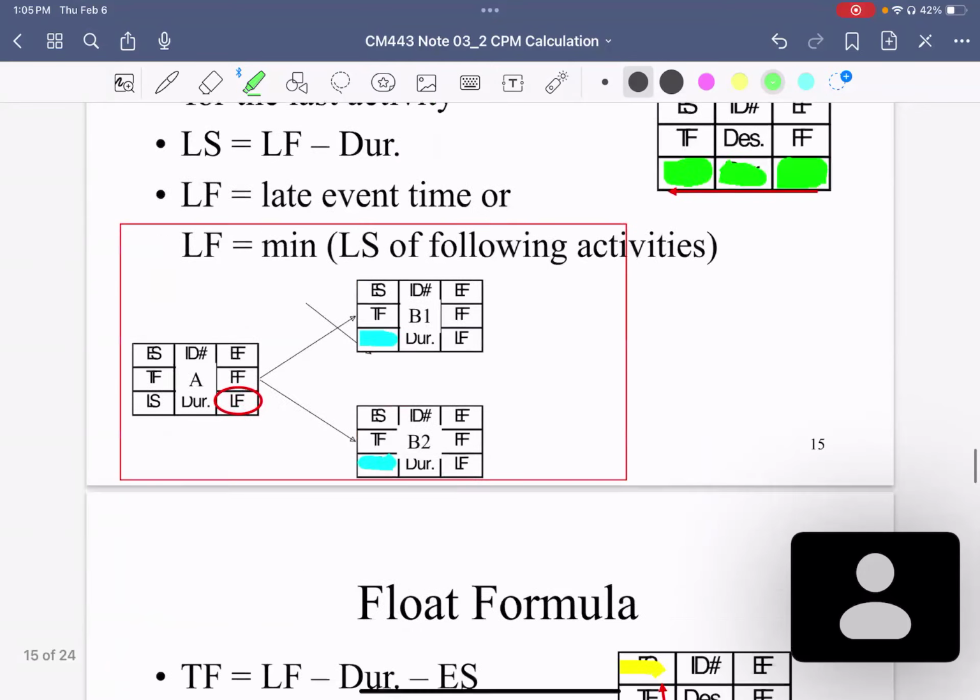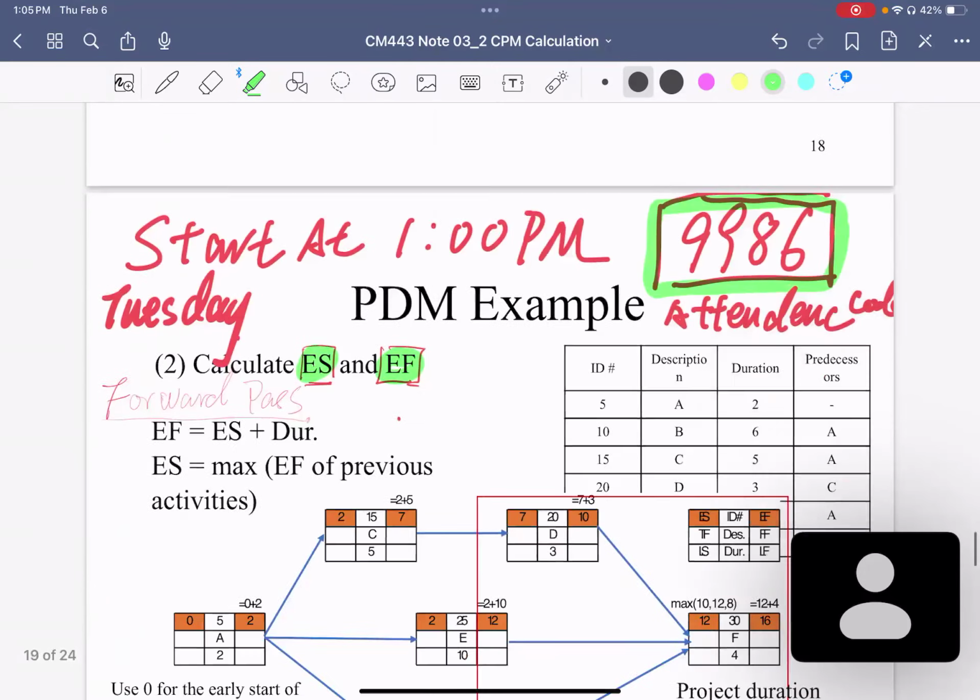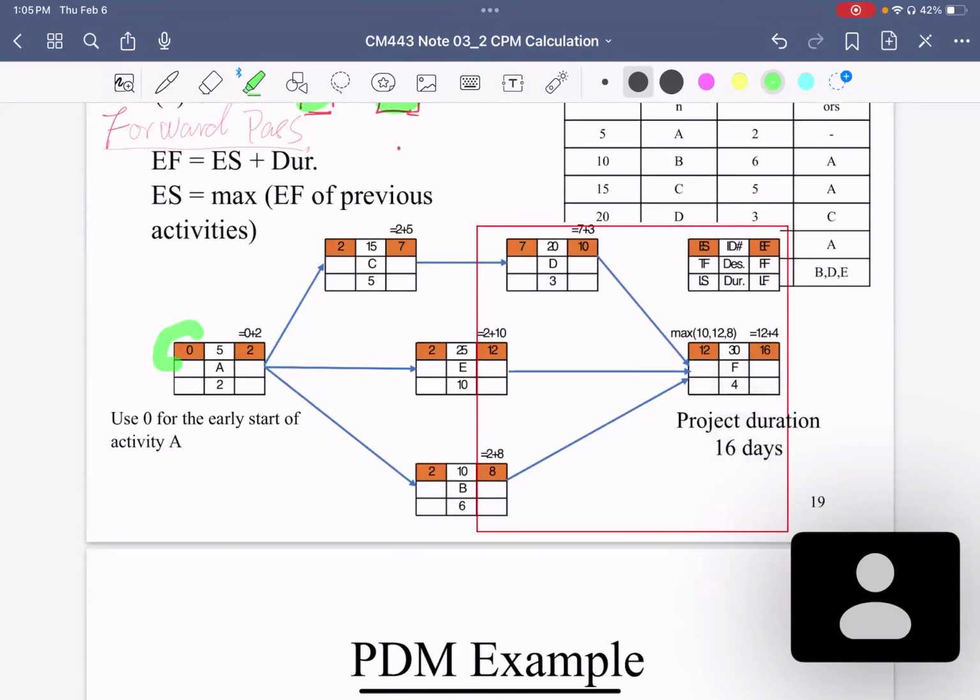So based on this, we will put in 0 here. This is the early start time for the first activity. That is the reason we put in 0 here.